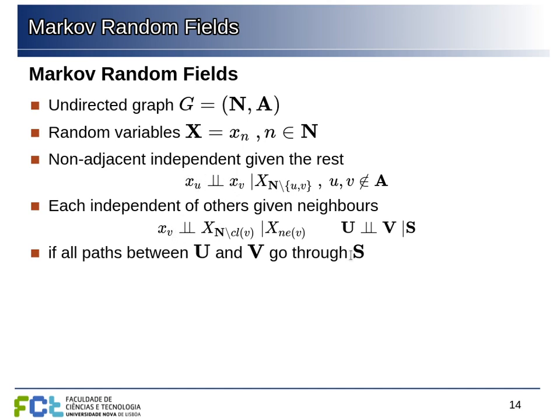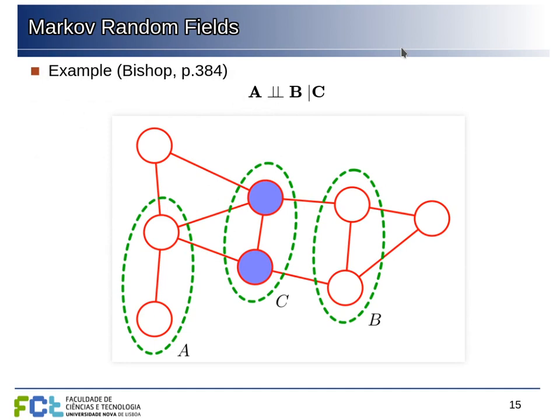So in general, if we observe or fix the values of a set of variables that block all the paths between group V and group U, then the variables in U and V become independent from each other. So this would be the idea here.